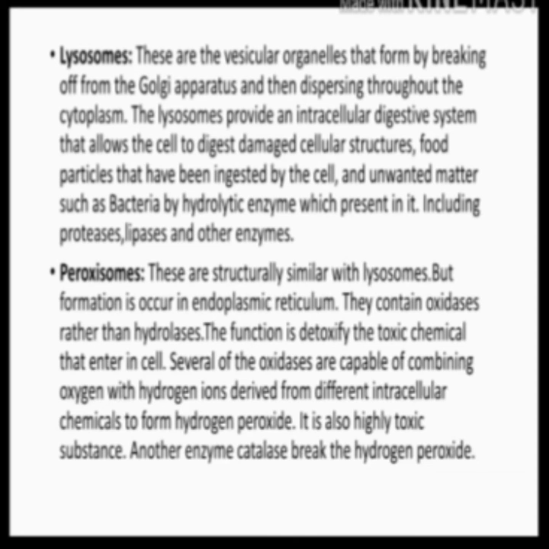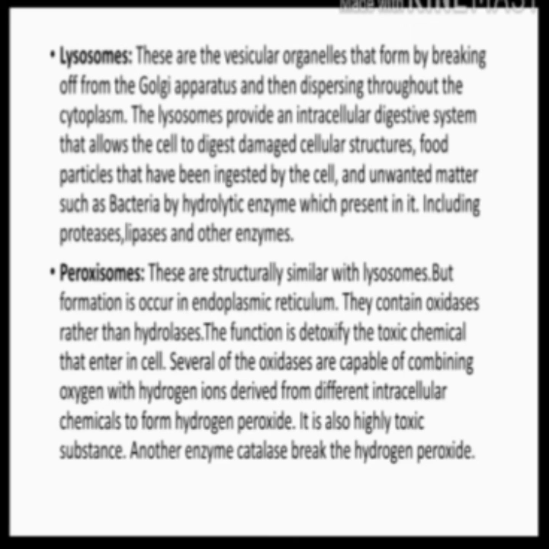Oxidase enzymes are capable of combining oxygen and hydrogen in harmful substances or removing oxygen and hydrogen from harmful substances like alcohol, and form hydrogen peroxide. At this point, the hydrogen peroxide is also dangerous to the cell. It's also toxic.